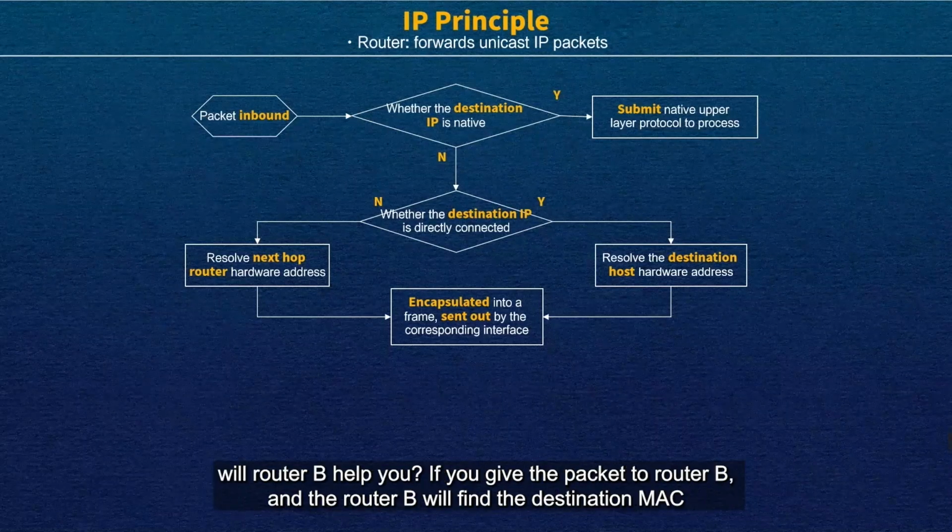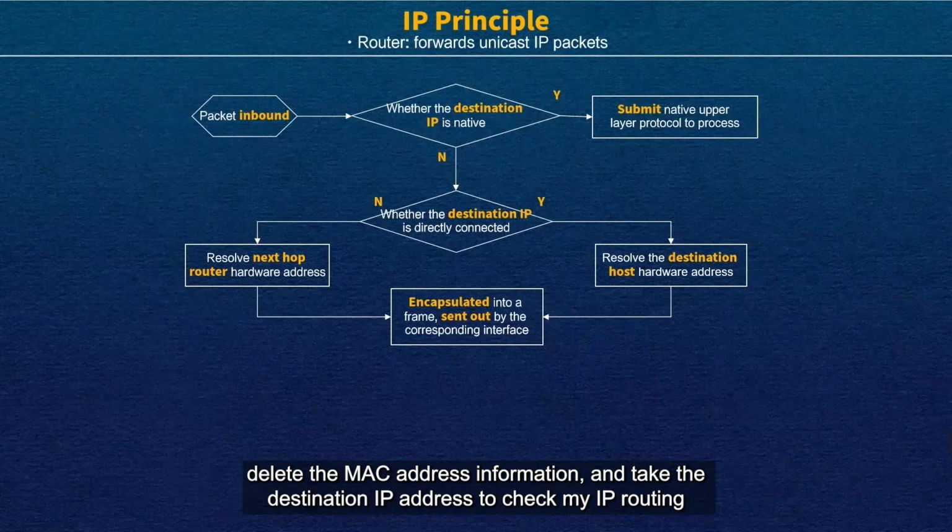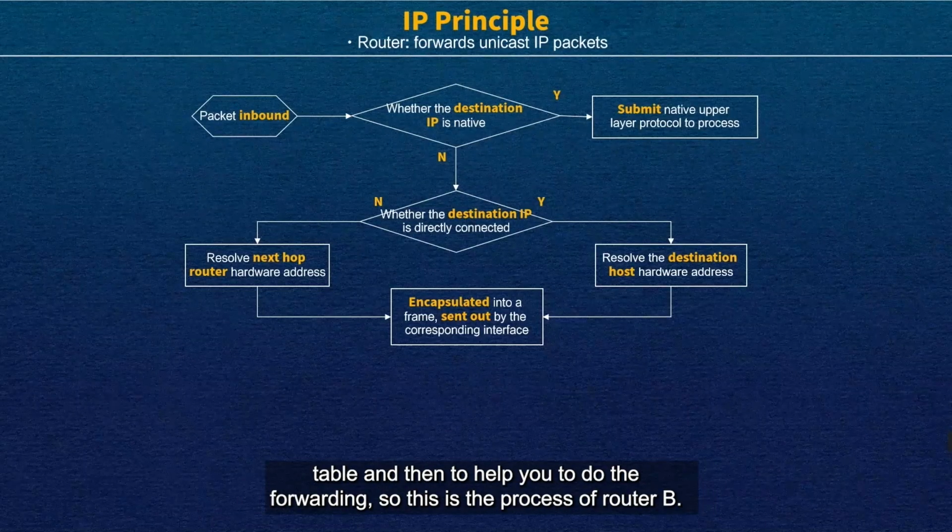Why will router B help you? If you give the packets to router B, router B will find the destination MAC address belongs to itself, then it will continue to delete the layer 2 information, delete the MAC address information, and take the destination IP address to check its IP routing table, and then help you forward.